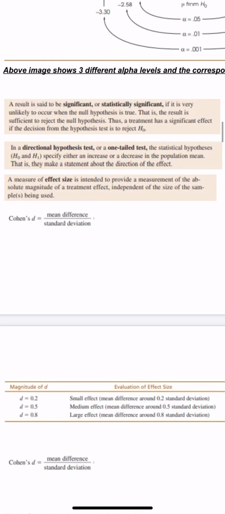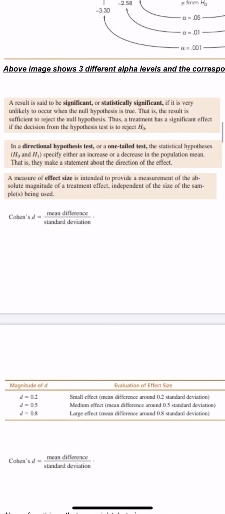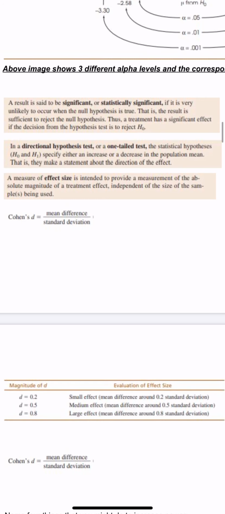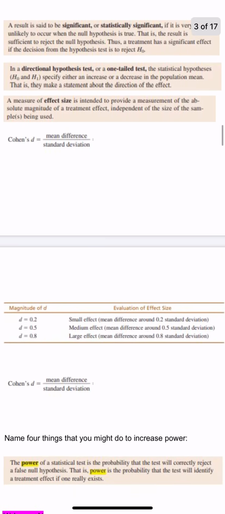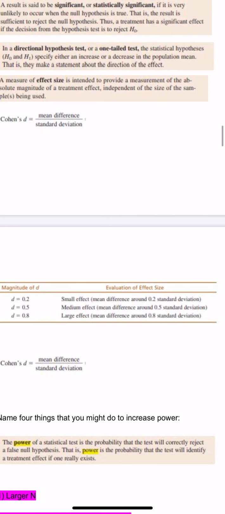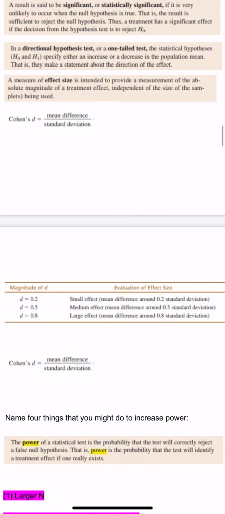One commonly used measure is Cohen's d, where you take the mean difference divided by the standard deviation. Cohen's d refers to the standard deviation difference between the sample mean and the population mean. So Cohen's d is actually a measurement in standard deviations.